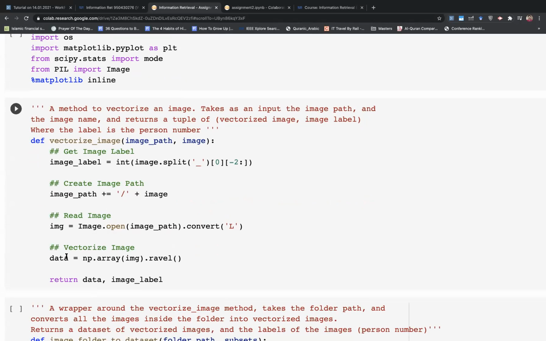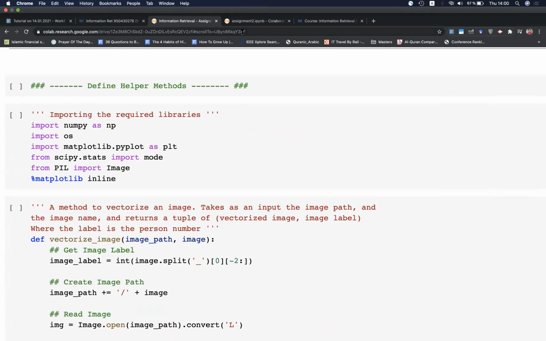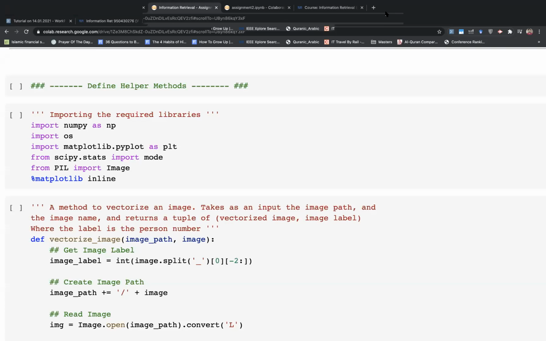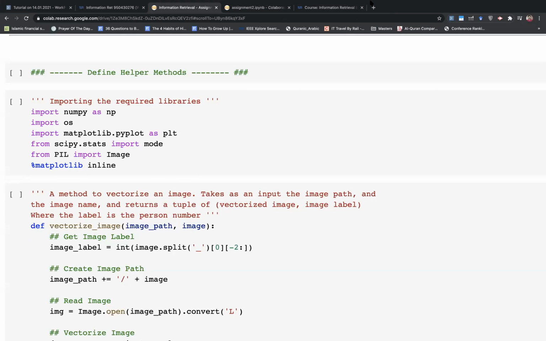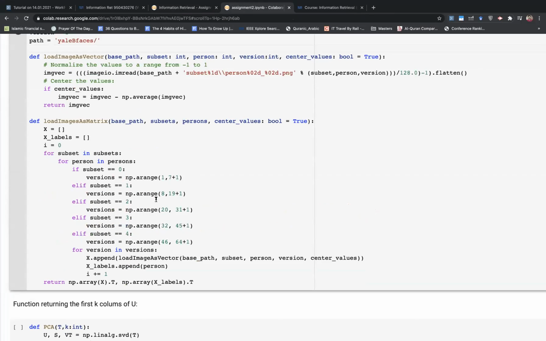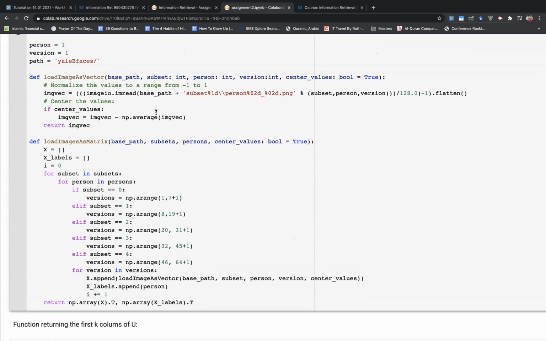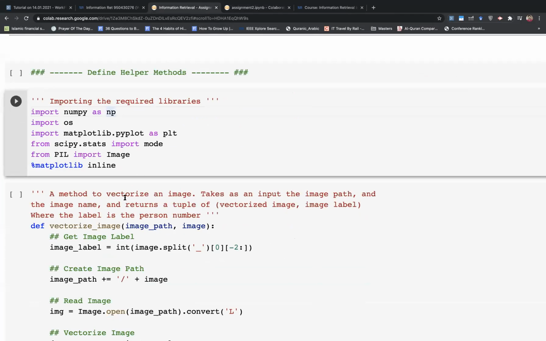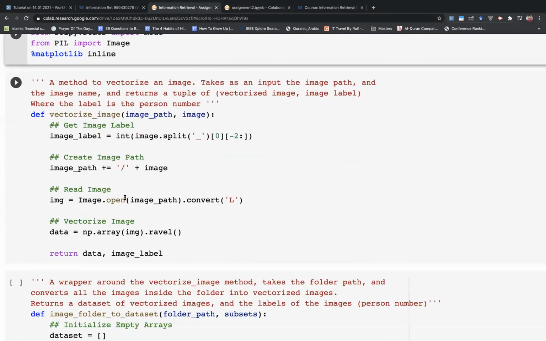There are many different implementations, like I told you. Here you are using ravel, and in this implementation we are doing it in a much more concise way. Both are okay as long as it gets the job done.